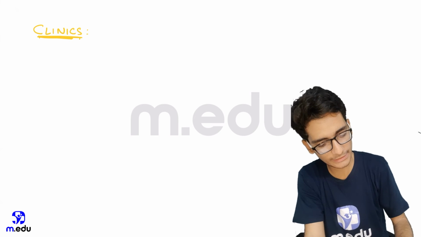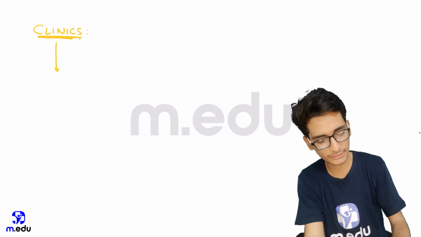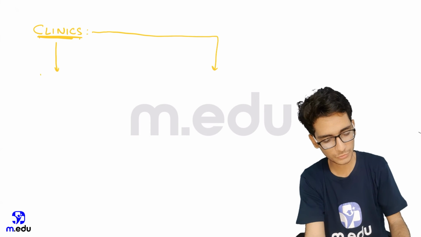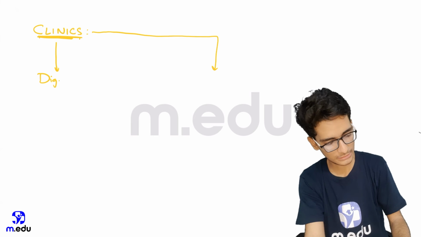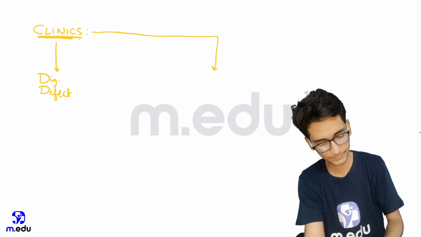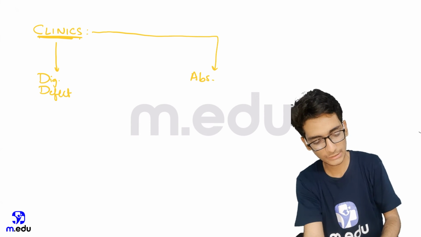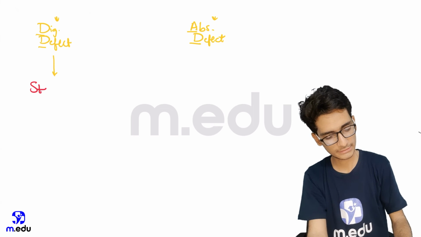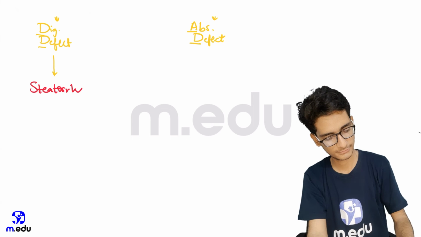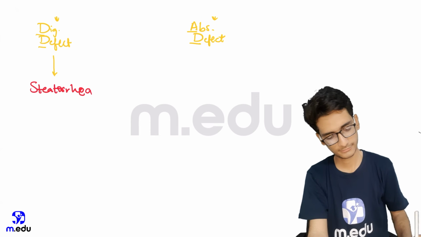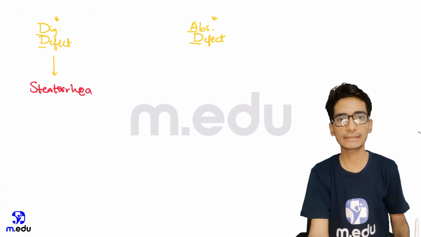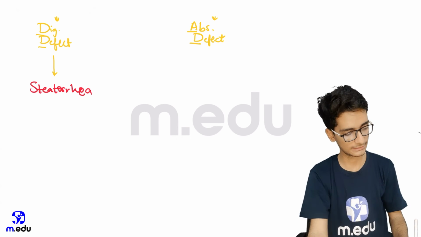Let's look into clinics now. Clinics can be divided into two, as it's lipid digestion and absorption. So a digestion defect can happen, and or a defect of absorption. In digestion defect we have steatorrhea. Here there is a deficiency of steapsin enzyme, the pancreatic lipase.